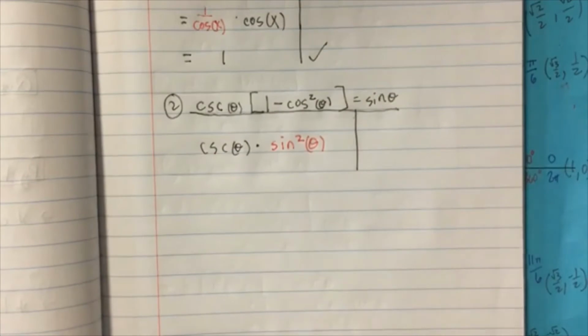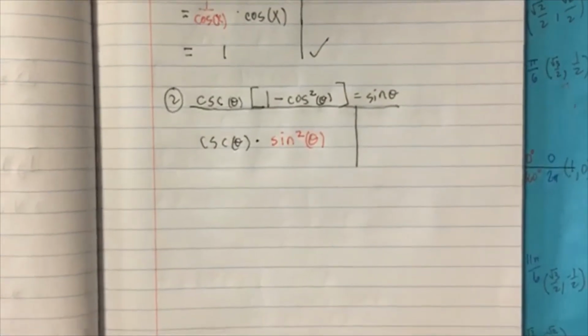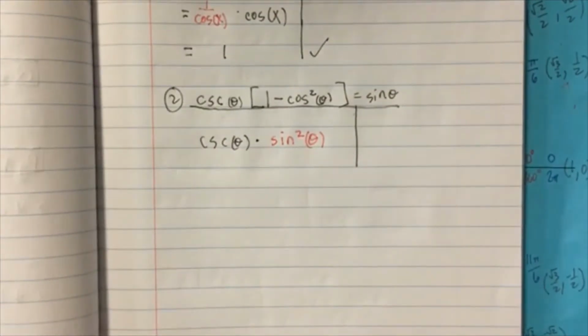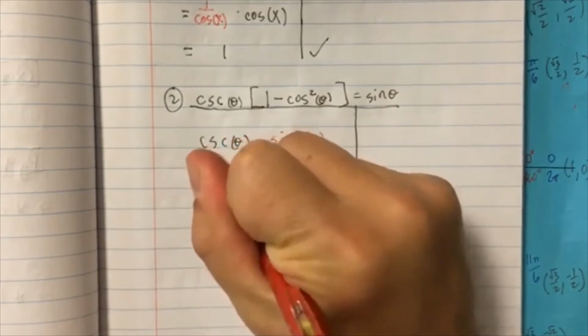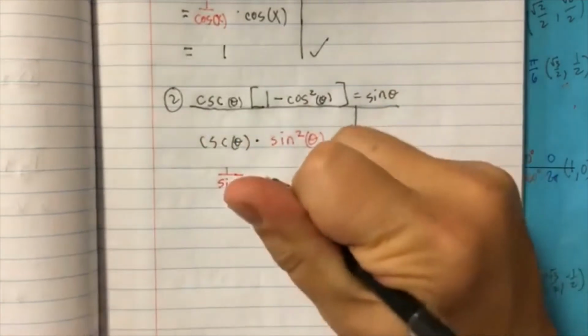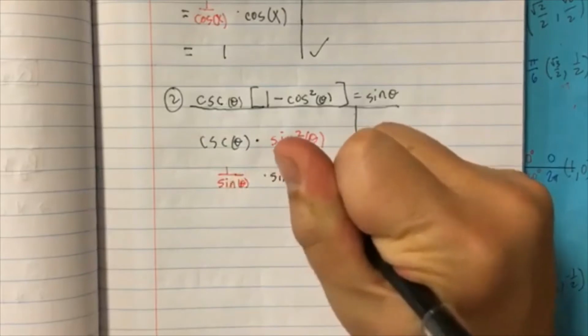Okay. So I just made a substitution there. Cosecant theta is the same thing as what? Where do you think we want to go with this? 1 over sine theta, good. So this is going to be 1 over sine theta times sine squared theta.